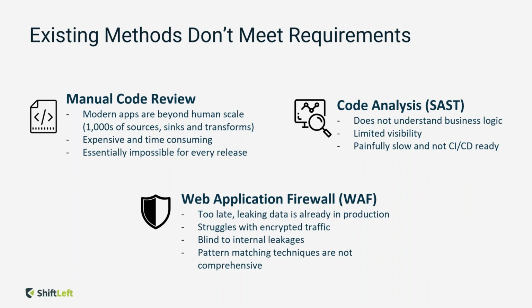And it's also blind to internal leakages. By that, what I mean is, if your application is leaking information into an S3 bucket or into some log file, which is all behind the application, anything that is in production and in front of the application is totally blind to those. And so it cannot see if those leaks are happening.